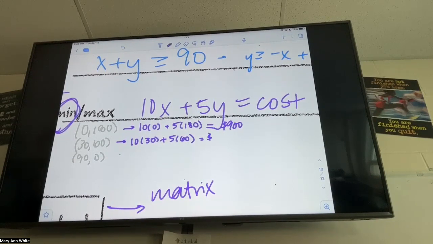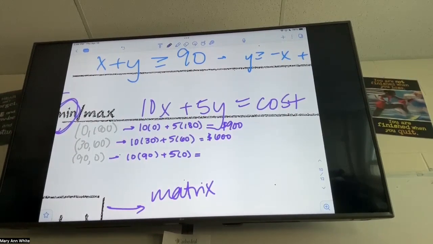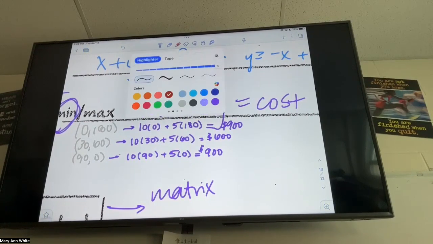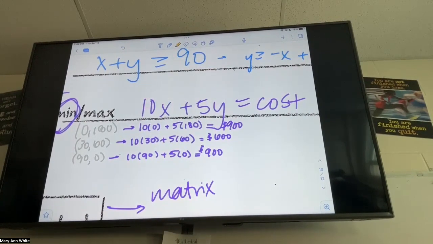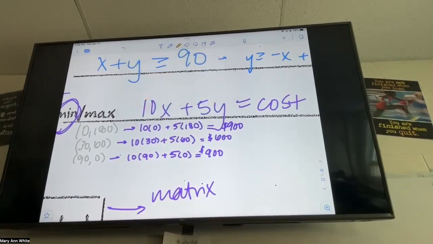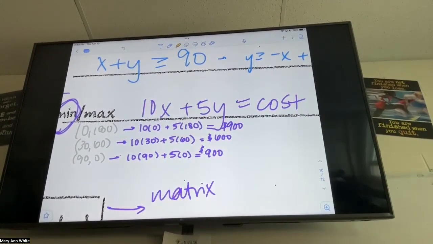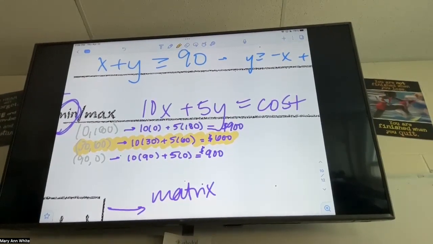That's going to be 600. All right. I got 900, 600, 900. So the 600 is going to win because it's the least amount. So we're going to highlight that.